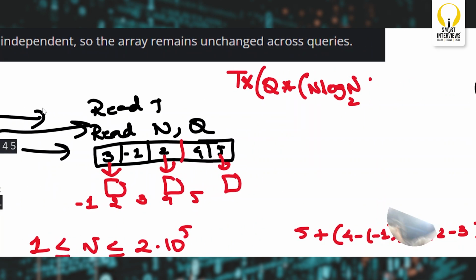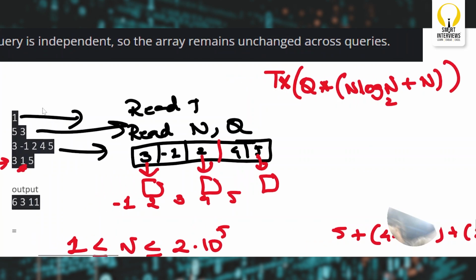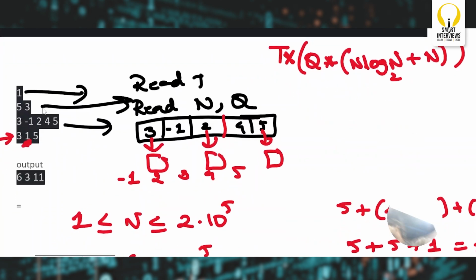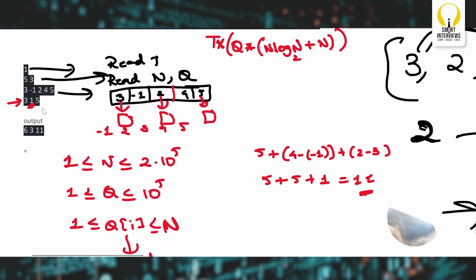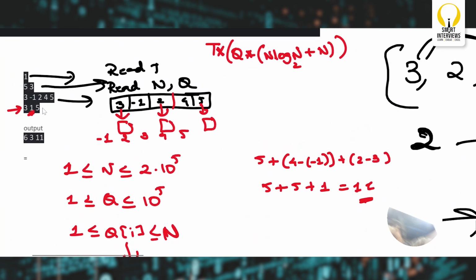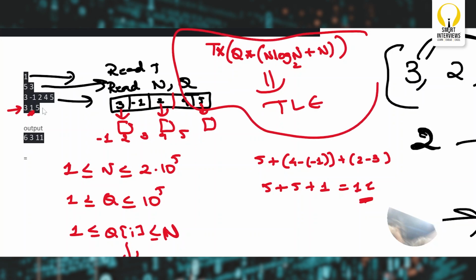For each and every query, you need to answer it. Now what can be a simple solution that we'll think of? Whatever may be the t number of test cases, we'll loop over it. For every test case, we'll read the array, and let's not consider reading time complexity.